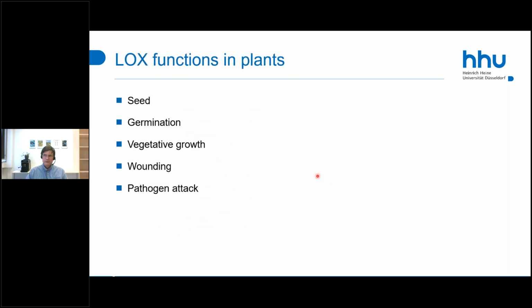There are several functions for LOX proteins described for plant species. They are involved in several processes, but the main process we are interested in here in this study is beer quality.